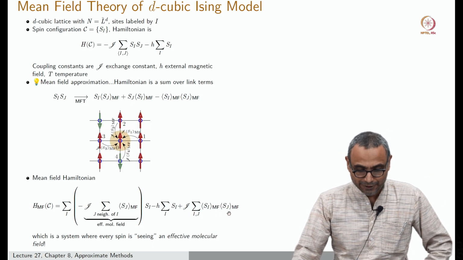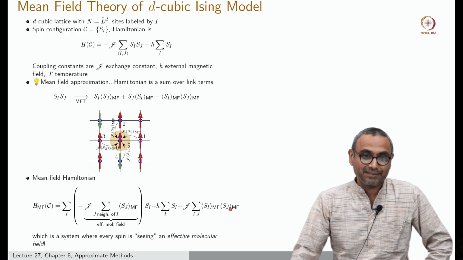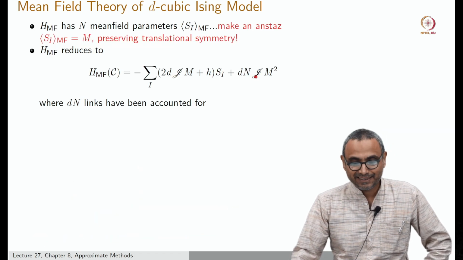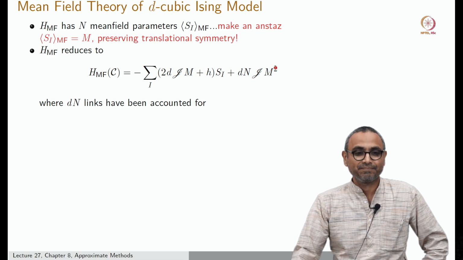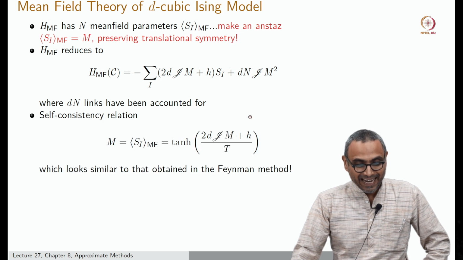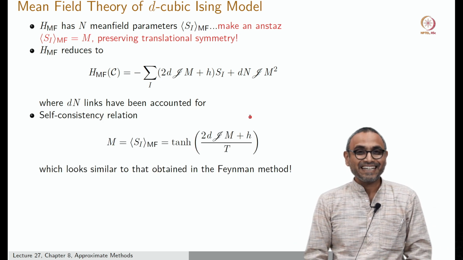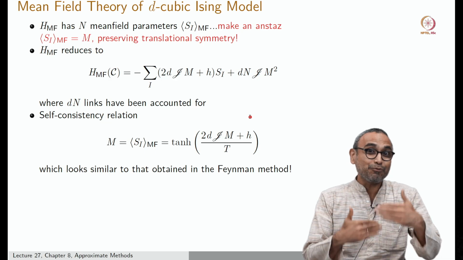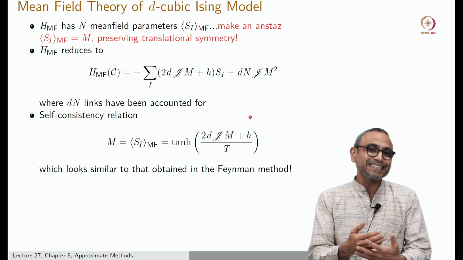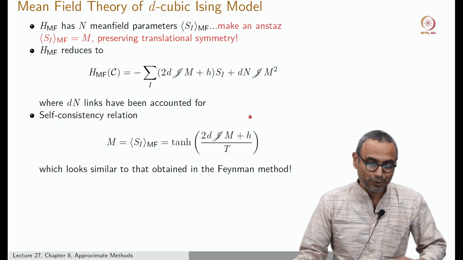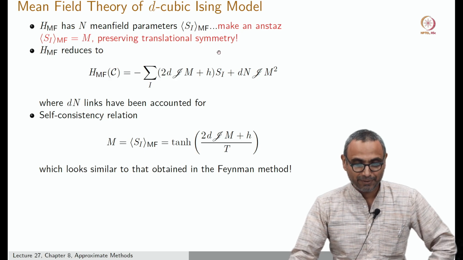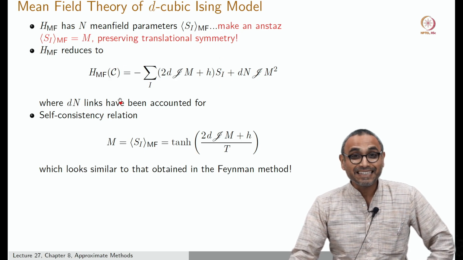And each of these will give me m squared, and that is exactly the term that we have here: d times n, the number of links, J the exchange coupling, times m squared. Now we have to impose the self-consistency condition, which is very simple to impose, because we can solve, as we did in the lecture on the Feynman variational principle, a set of uncoupled spins.